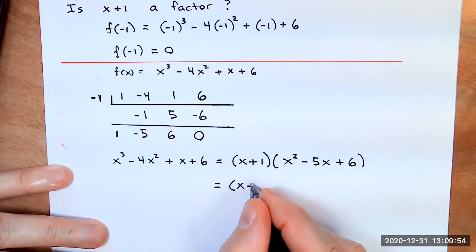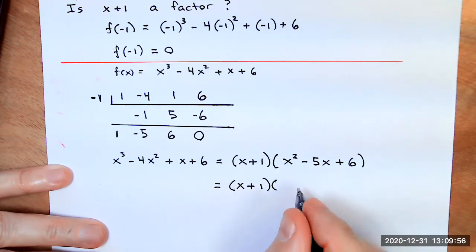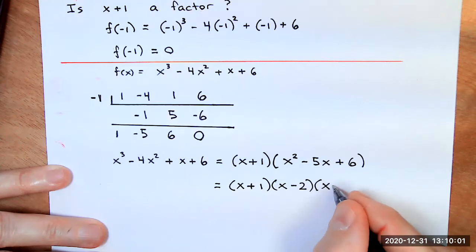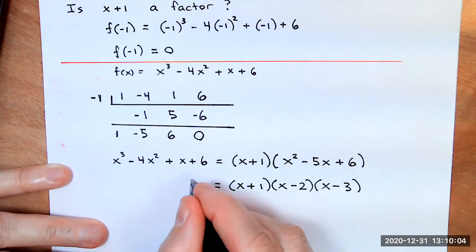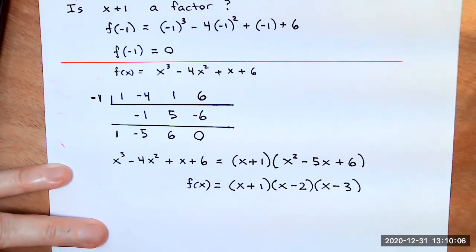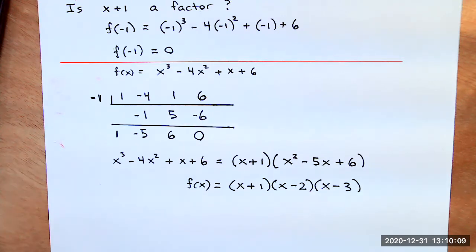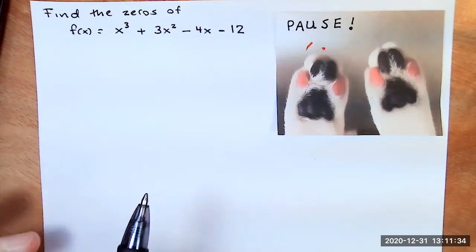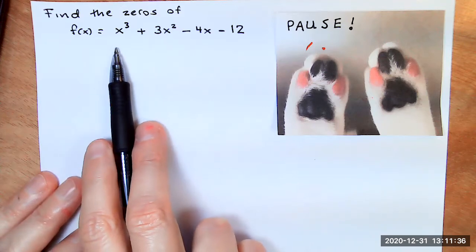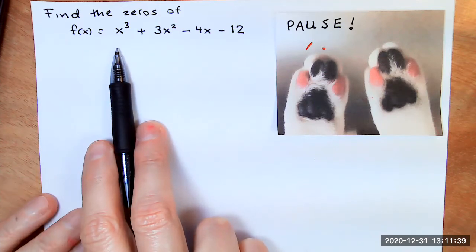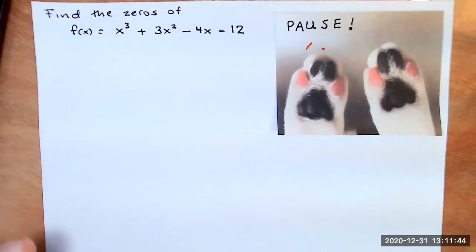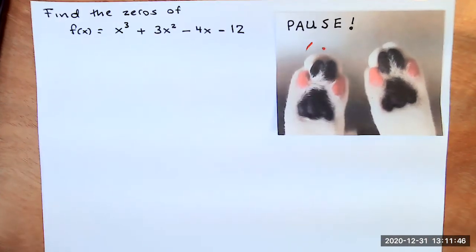So we have x plus 1 times x minus 2 times x minus 3. All right, you should be ready to tackle this problem on your own. So first, find the possible rational zeros, and then it's going to be guess and check to try a few. So hit pause and try that one on your own.